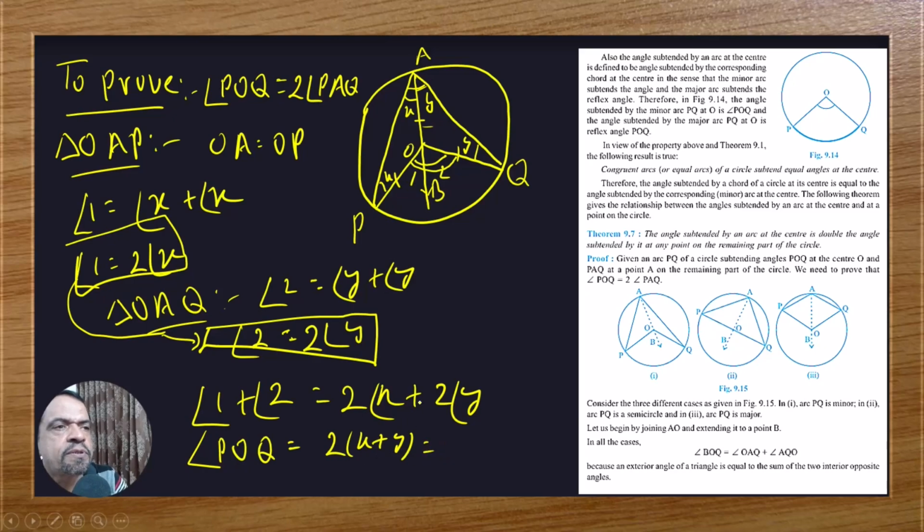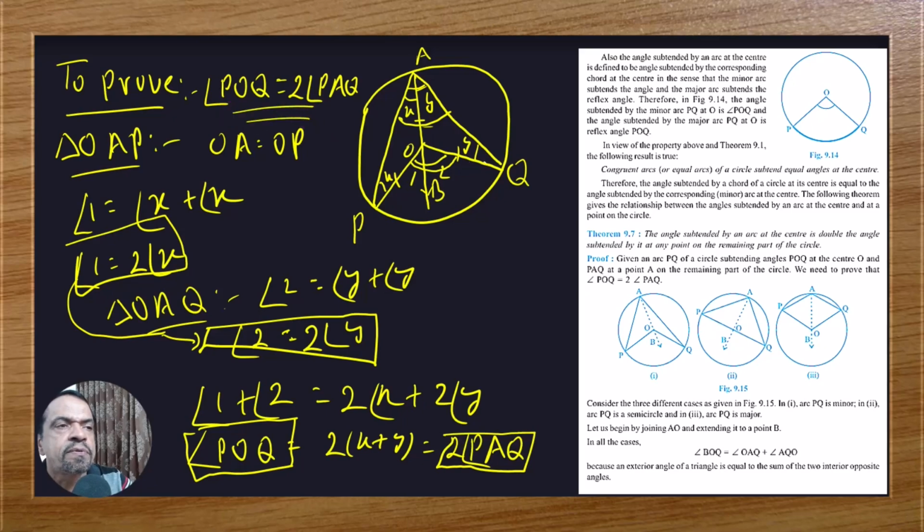Twice of x plus y means PAQ. So angle POQ is equal to twice of angle PAQ. This we have to prove: the angle at the center is twice the angle subtended by the same arc in the remaining part.